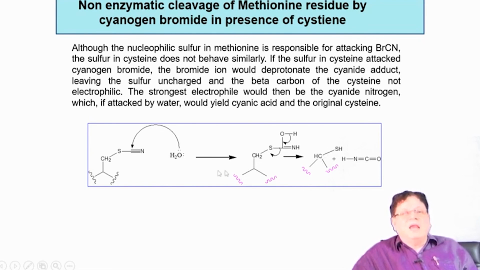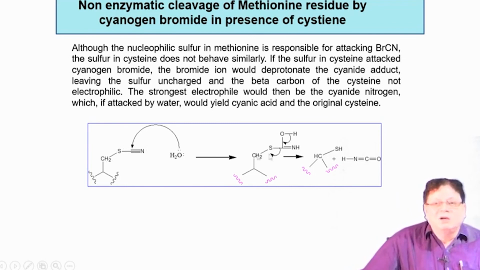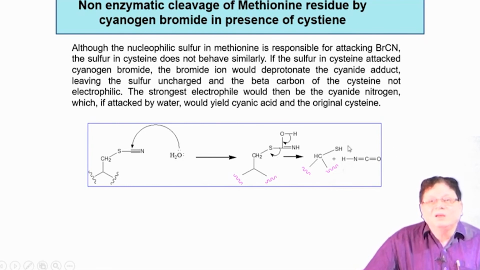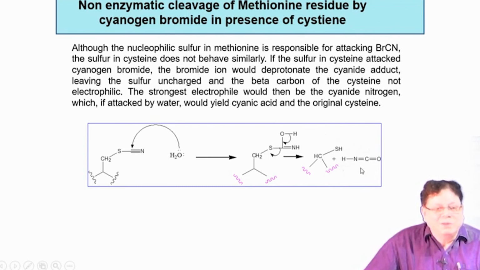So, that becomes again back to your serine. So, the serine reacts with cyanogen bromide, and the cyanogen bromide ultimately is converted into this acid, cyanic acid. Okay. Cyanic acid is the end product, but there is no cleavage of any peptide bond.